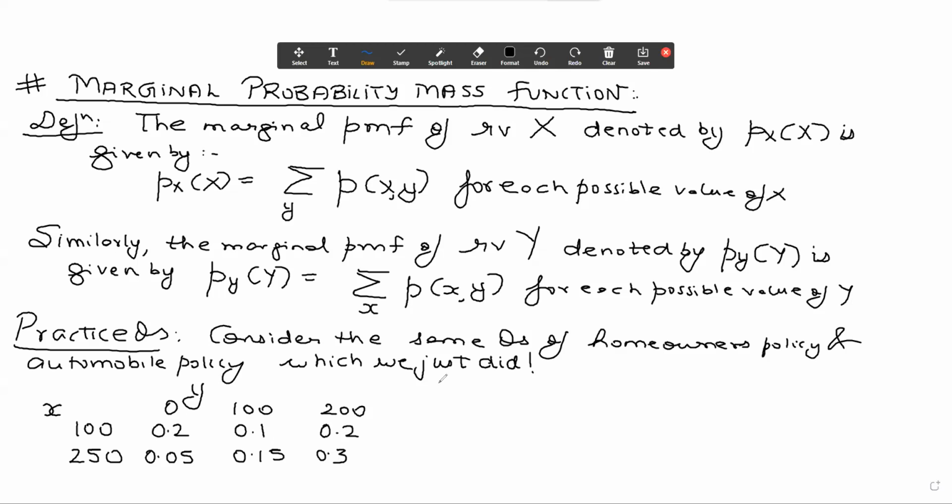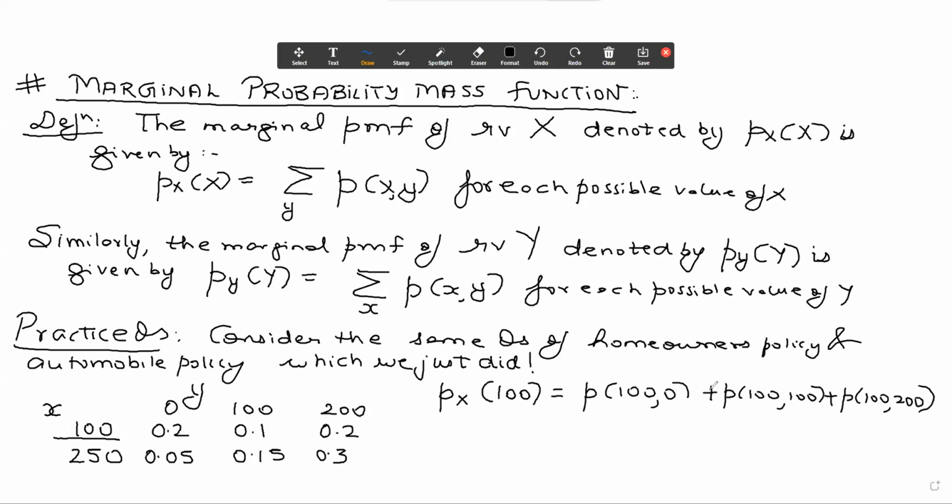So marginal probability mass function of X. Suppose I fix a value of X. Suppose I fix a value of X as 100. So what will this be? This will be P of 100 comma 0 plus P of 100 comma 100 plus P of 100 comma 200.